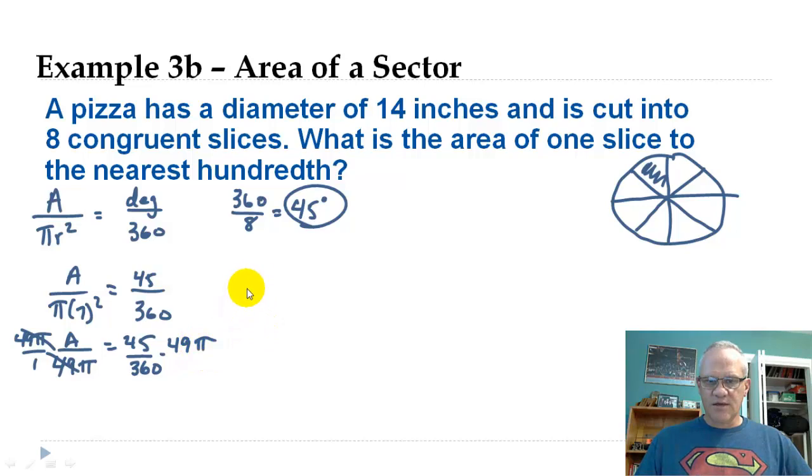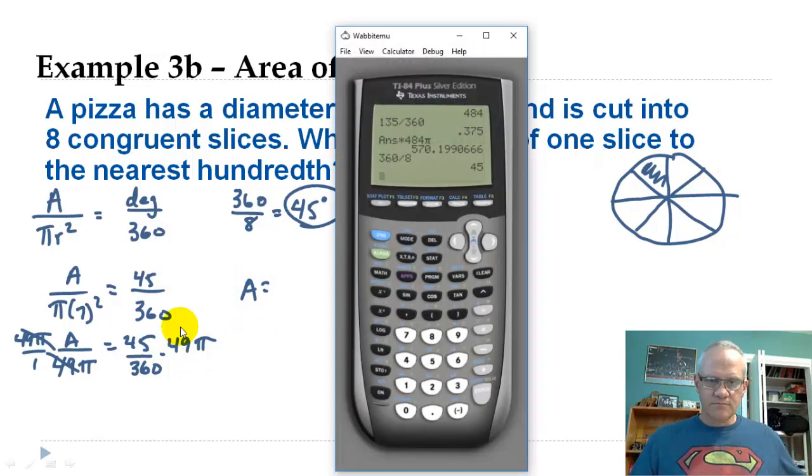And so then in the end, we're going to plug all this into our calculator. I'm going to go 45 divided by 360. That's 0.125, and then I'm just going to go times 49 pi. So times 49 and pi.